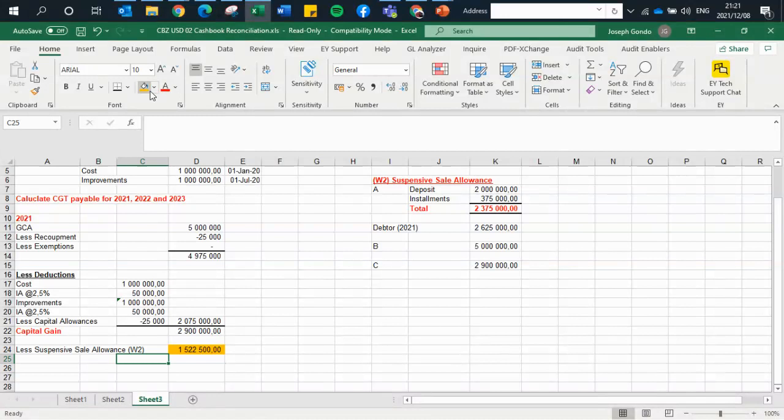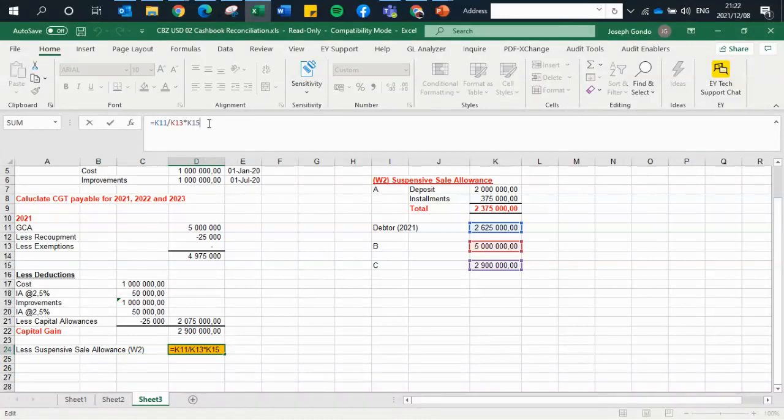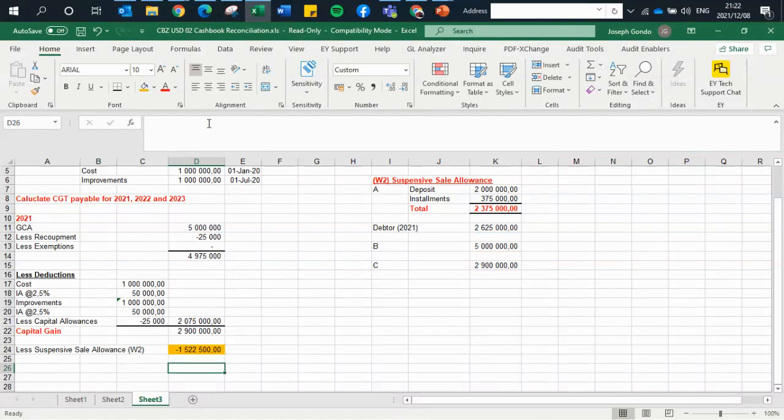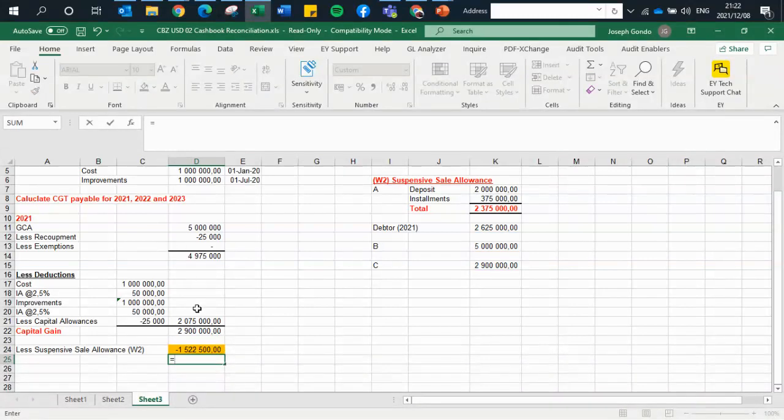Okay, then we can also multiply this by -1 to make it negative. Then we do our calculations.